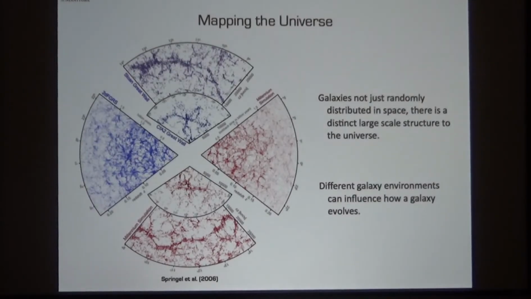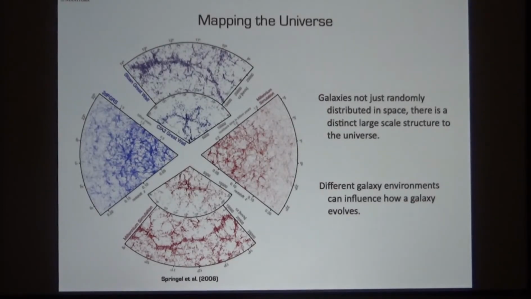Now, with a lot of these large surveys, you're looking at hundreds of thousands of objects. In fact, millions of objects if you were to take probably the most high-profile survey, the Sloan Digital Sky Survey. You're getting distance measurements as well as positional measurements on the sky for hundreds of thousands to millions of galaxies. And what we've got here is basically a slice through the sky.